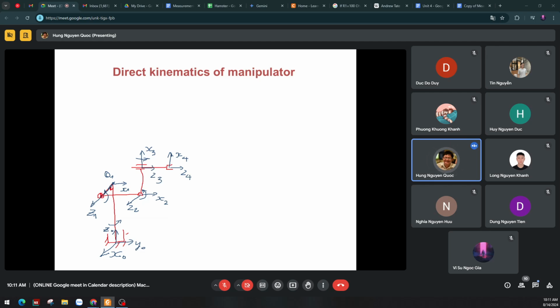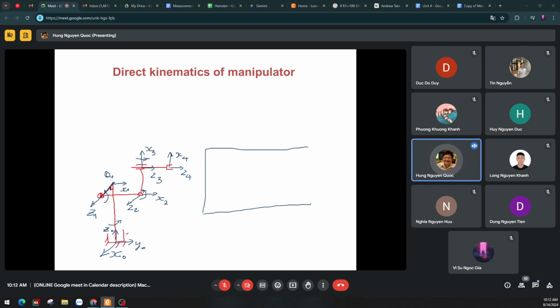So that is the DH frame. Any question about this? Is there something you are not clear about, why I chose the coordinates like that? If not, I assume you understand.